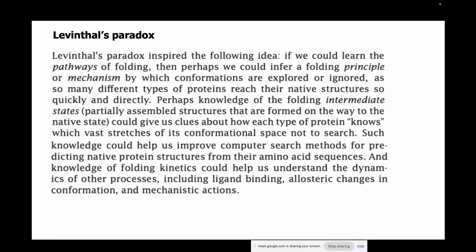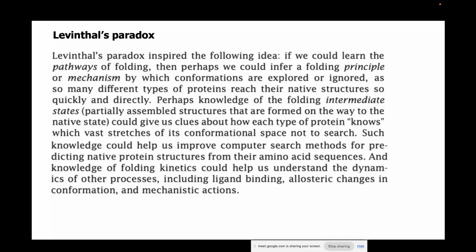Understanding the protein folding intermediates, which are partially assembled structures formed on the way to the native state, could give us clues about how each type of protein knows which vast stretches of its conformational space not to search. Such knowledge could help us improve computer search methods for predicting native protein structures from their amino acid sequences.